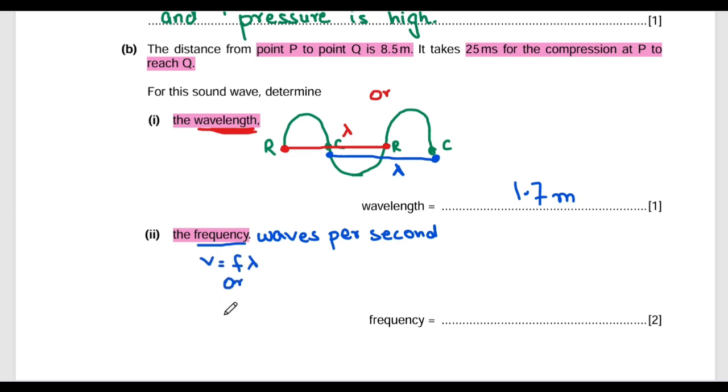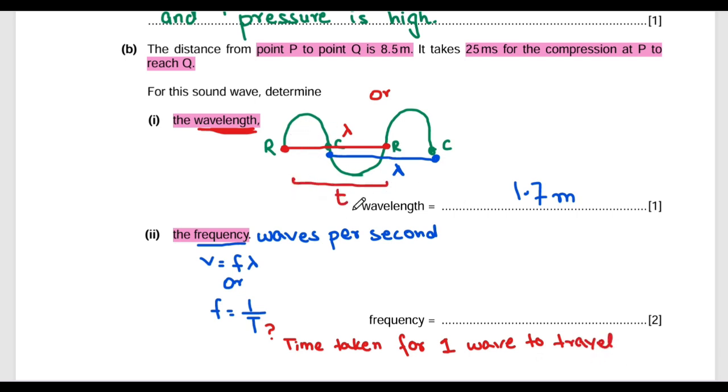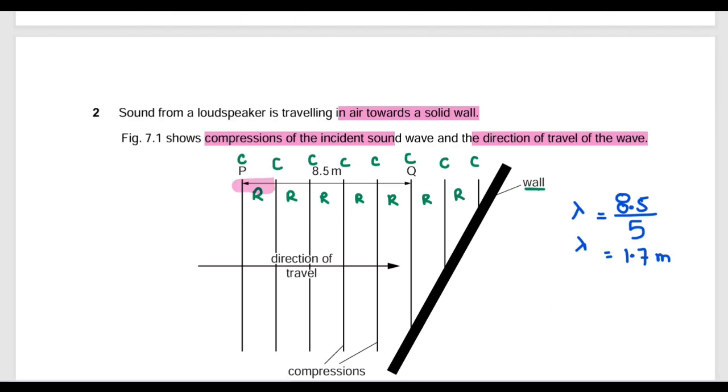One is the wave equation, and the other is that frequency is the reciprocal of time period. Now what is time period? Time period is the time taken for one wave to travel. From here to here is one wave, and whatever time it takes to travel from any point, that would be our time period.